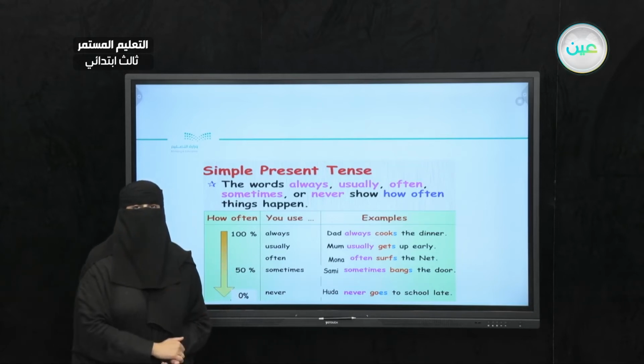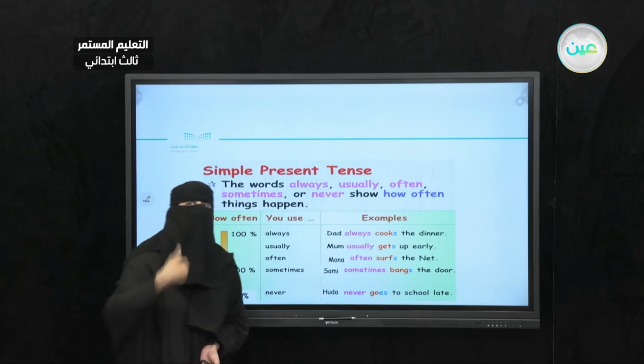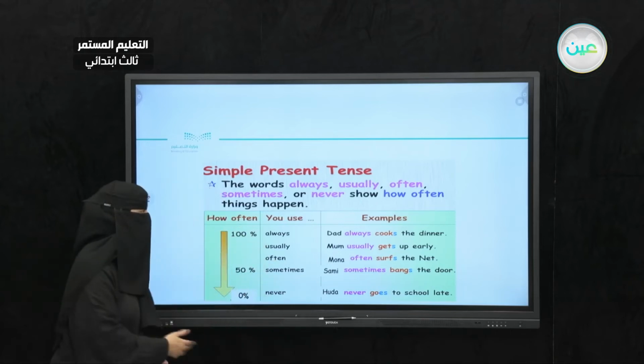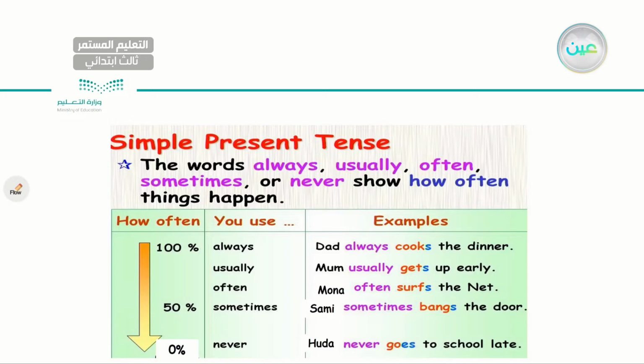That's something that we do on a daily routine. So how often? It starts at 100%. That is always. While we are going down to 50 or 0, we are going through different kinds of adverbs. Always, usually, often, sometimes, until we reach 0%, that's never.